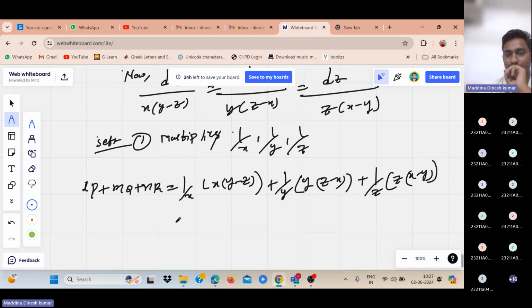So see here, you will get that x, y, z will vanish, y minus z plus z minus x plus x minus y.